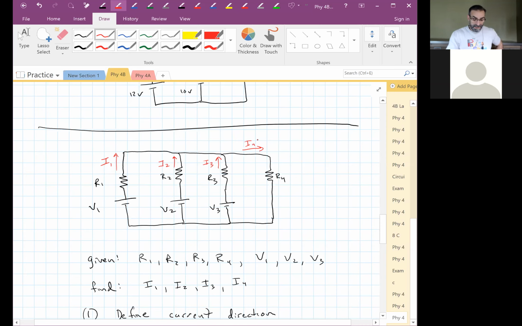And remember that this is one branch over here, I4. If I4 is coming to the right, where is it going? It's also coming down here, and it's also going over here. That's one branch. There are no forks in the road. There are no junctions for it to split off. Once we get past this junction right here, whatever current we have has to stay the same until we get to another junction.